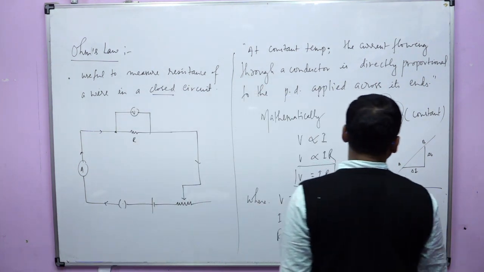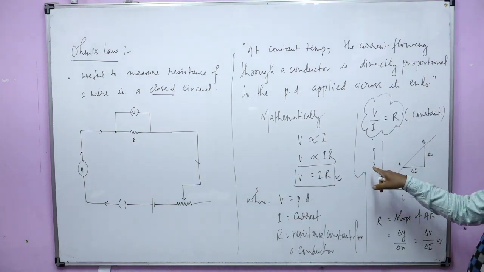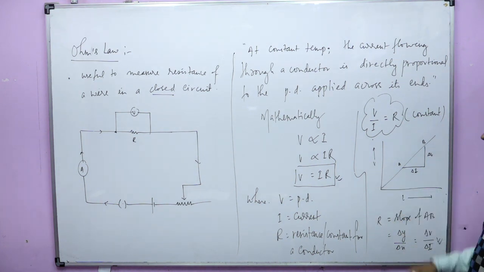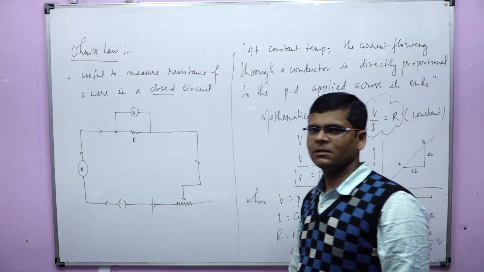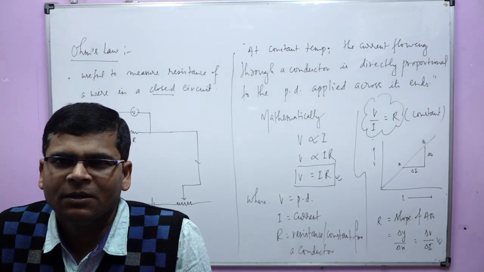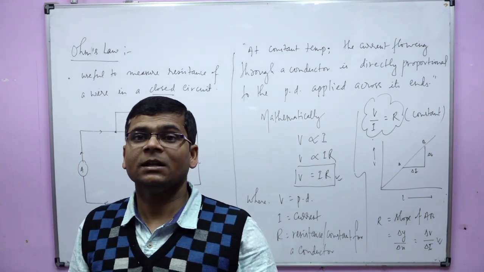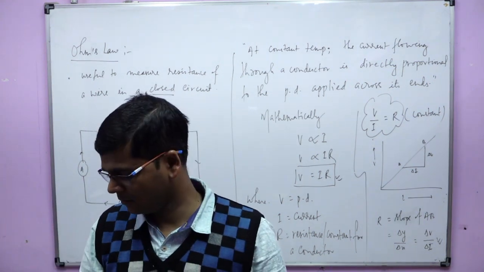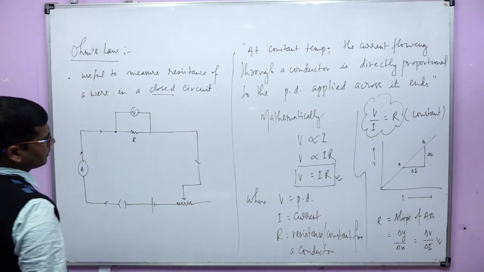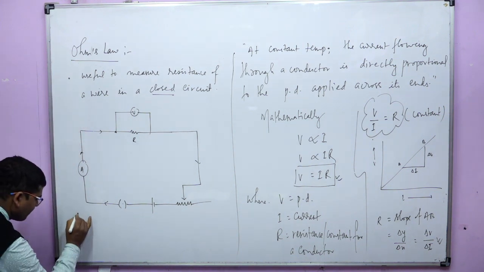And if you make it on the y-axis, if you put current, and on the x-axis you plot potential difference, then if you calculate slope, you will get the inverse of resistance, that is conductance. So that is also there. In short, I will just show you with a small graph.